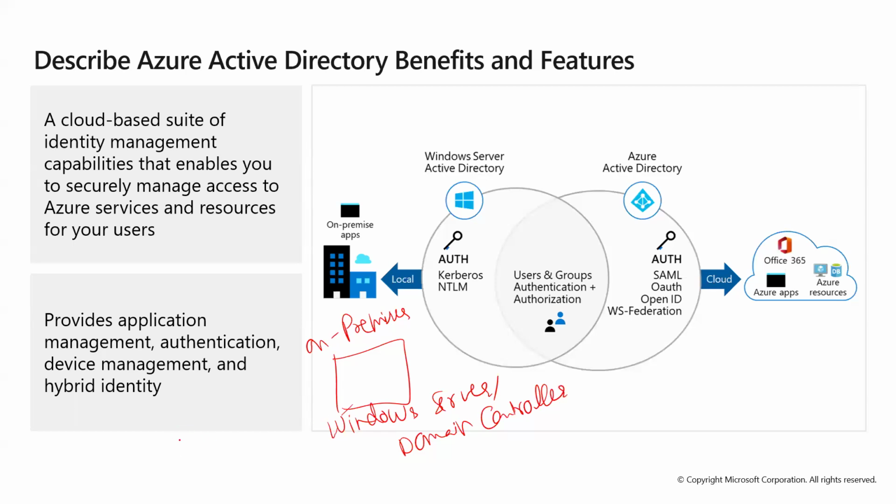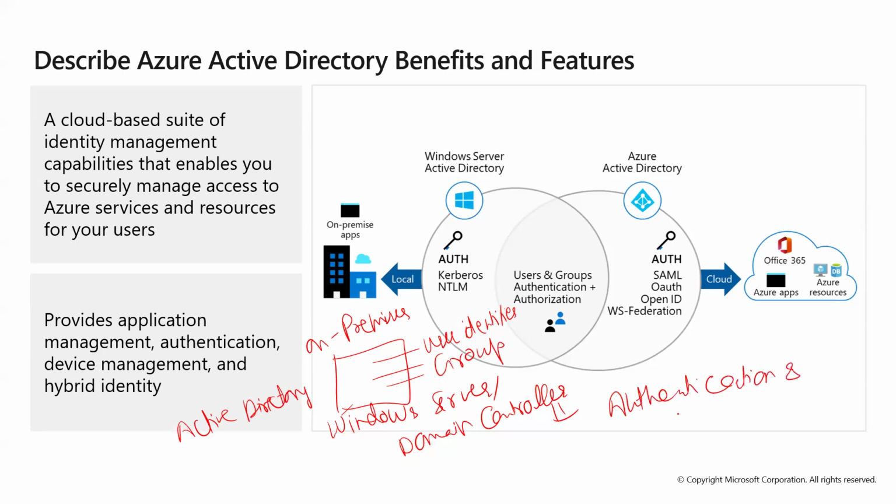This Windows server is also known as Active Directory, and it holds all the details of my user identities, my groups, everything stored in this Windows server. So that is the domain controller, and it is used for my authentication and authorization.